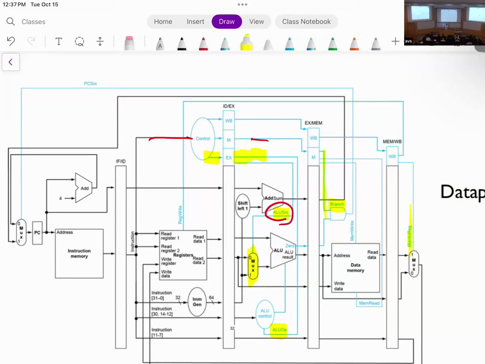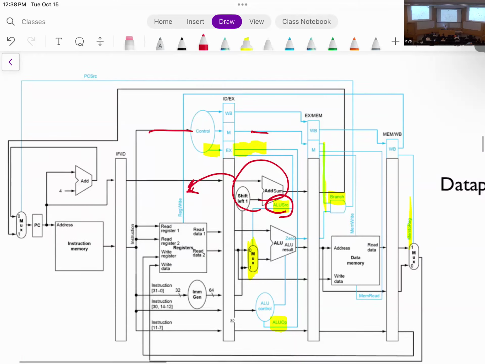So essentially, I have the exact same control signals that I had before. I'm just using them at different clock cycles. And why are we designing it this way? Again, because of the delays: it takes some time for signals to be generated and we want the stages to be balanced. We will see some more concrete timelines as we move forward.